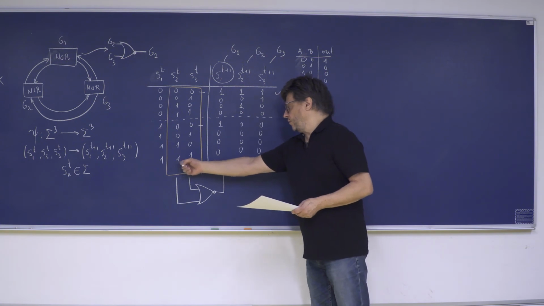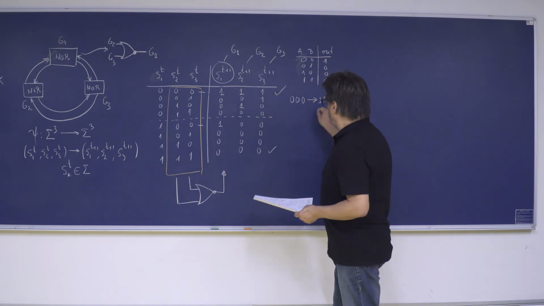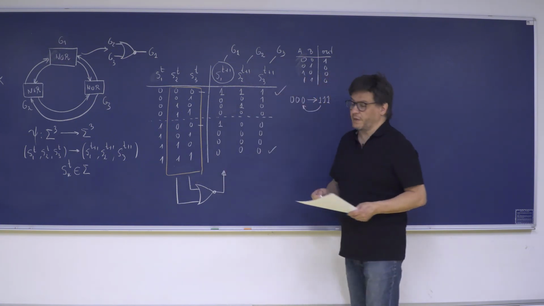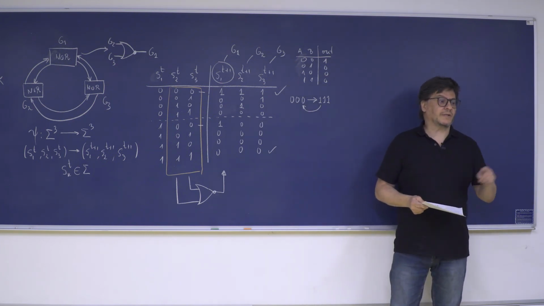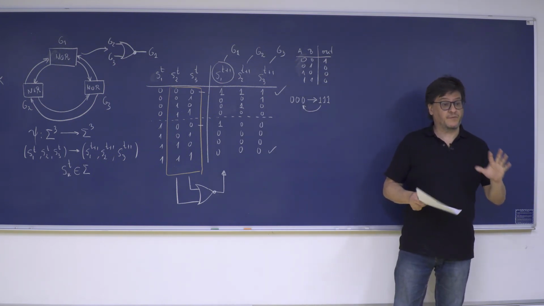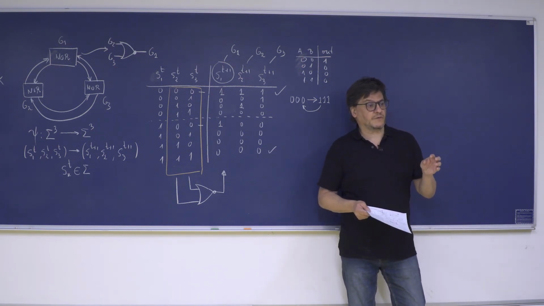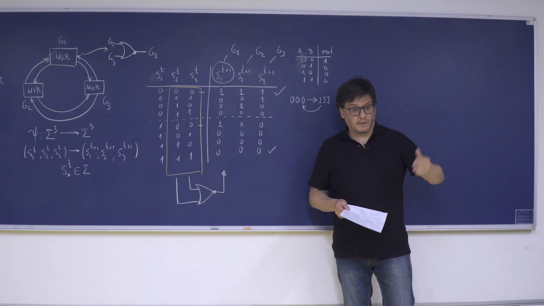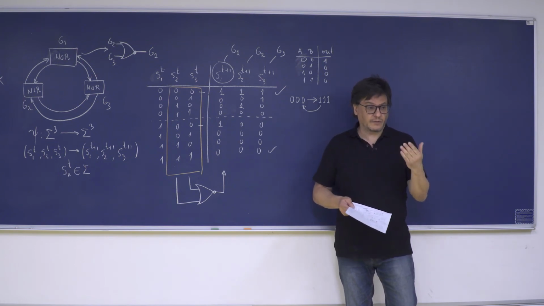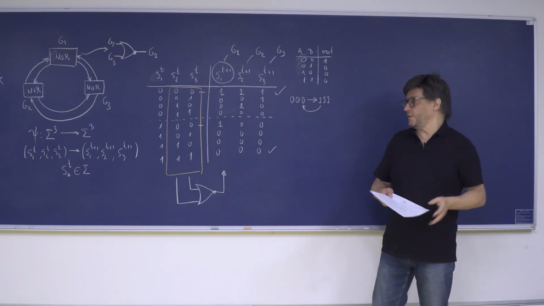I see that 1, 1, 1 goes into 0, 0, 0, right? So, see what happens. I have an oscillatory behavior, something that we haven't seen before, right? The fact that you have feedbacks provides the source for something really important, which is cyclic dynamics, attractors that are not just single states.